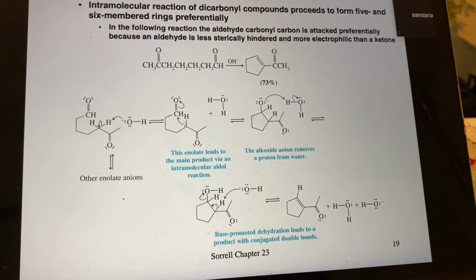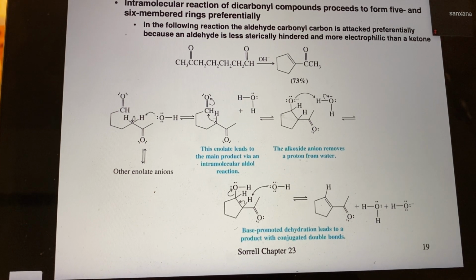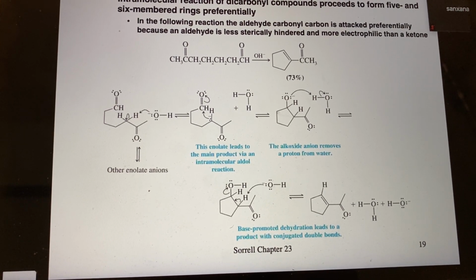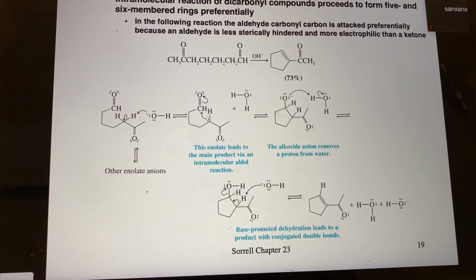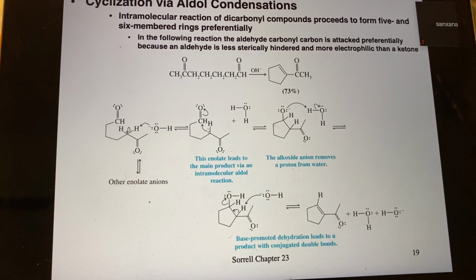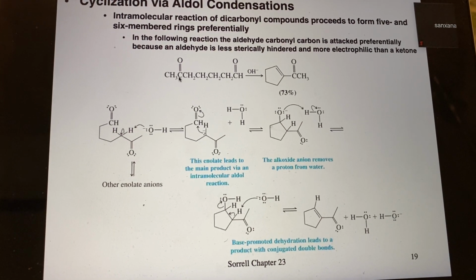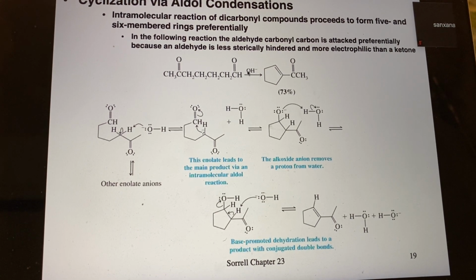We're going to be able to make ring systems. And what's really cool about this is one of the things you should have learned in the first semester is that 5 and 6 member rings are very stable. So if there is ever a chance to make a 5 and 6, we're going to do so. Okay. So in this molecule here, I have a ketone and I have an aldehyde. And again, I'm seeing strong base.